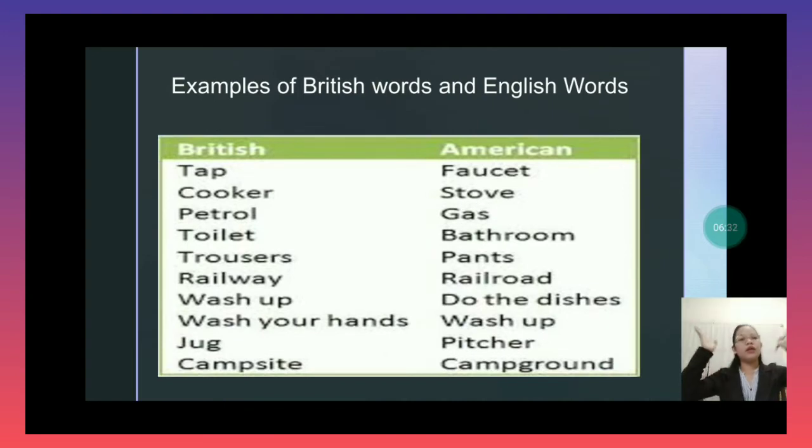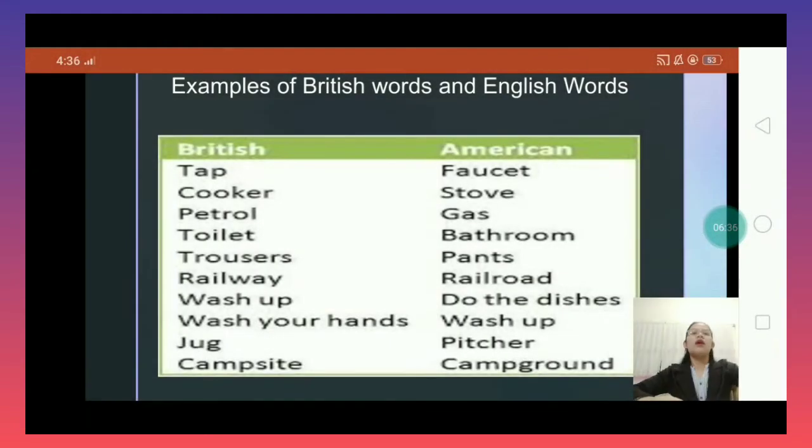Now, observing the words in the picture, since British and Americans have different cultural perspectives regardless of the language, they also differ in some of their words. For example, tap and faucet. Both of them are devices to flow water, as well as cooker and stove.